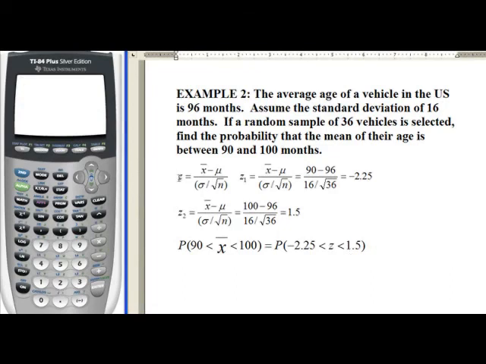So using this modified z, I can calculate the z corresponding to 90 and z corresponding to 100. So it's going to be 90 minus 96 divided by sigma over the square root of your sample size, 36 vehicles. The first one is going to give me negative 2.25. The second one is going to give you 1.5. So if my mean is between 90 and 100, that's the same as z going from negative 2.25 to 1.5.